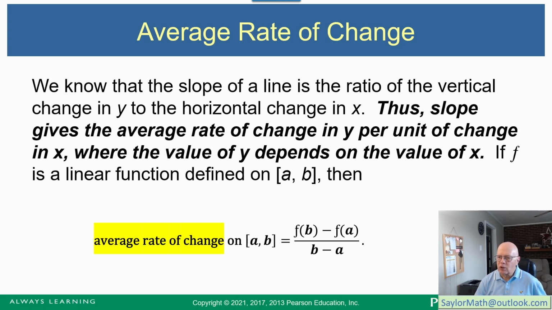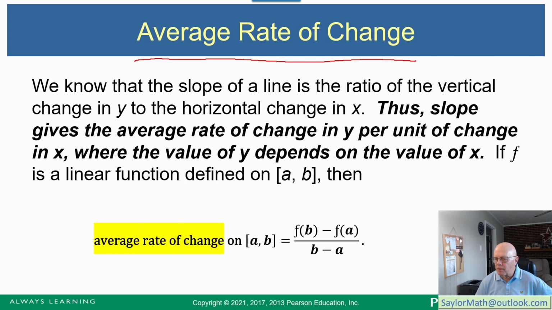Now, we're going to talk about something a little bit different, and at some point you're probably going to forget average rate of change. The important thing here is you're going from one point to another.